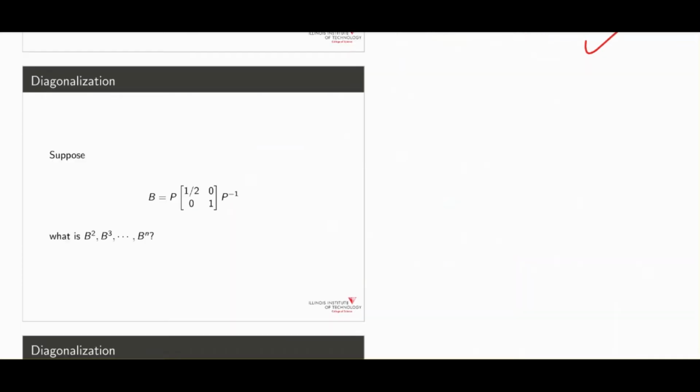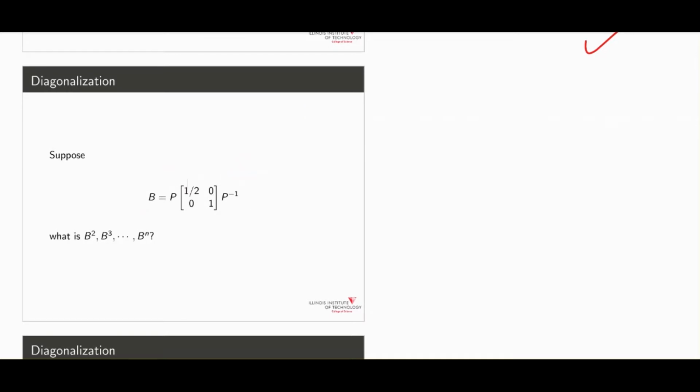Now let's look at another type of matrix. This time we have a matrix B, which is written as the product of these three matrices, and assume that the matrix P is invertible. So we can write B as the product of P, this diagonal matrix, and P inverse. So what is B squared?